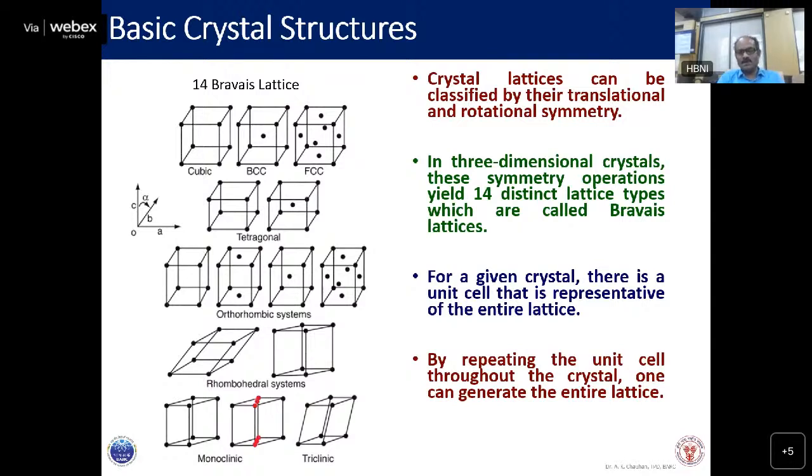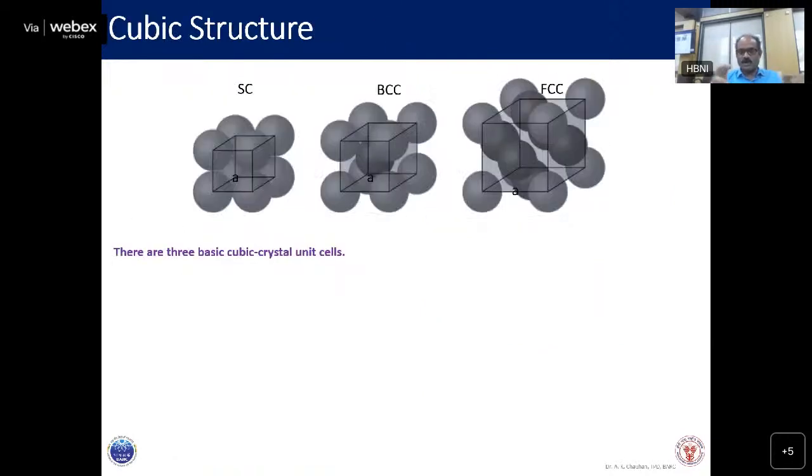Majority of the devices utilize these materials, so it is very important to understand their crystal structure, which is very special. This is a form of a cubic lattice. Let us first see what a cubic lattice is.